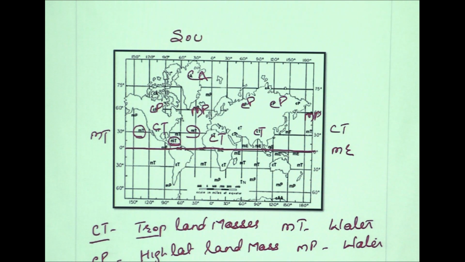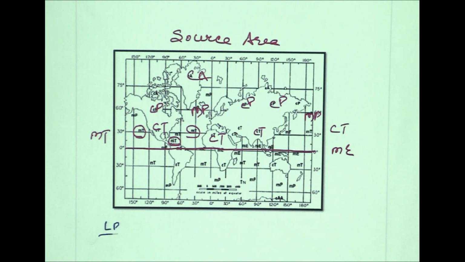We have just talked about source area. If we just try to recall what we have learned with our monsoonal mechanism of Indian weather, will it not be correct for us to say India during summers develops low pressure?